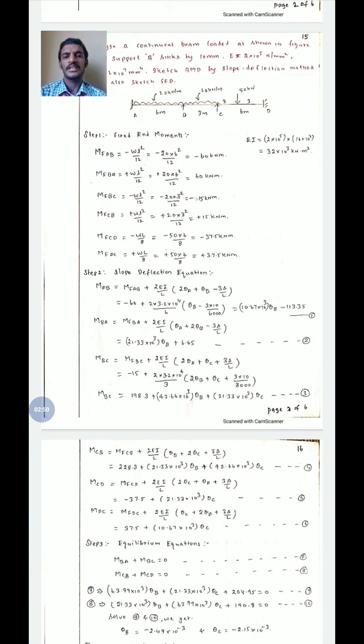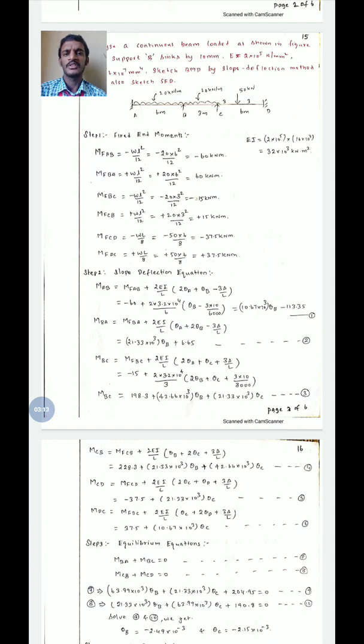Formula will be minus WL square by 12 and plus WL square by 12 for respective ends. For CD condition, point load 50 kN is acting at the middle of the span. For that, formula will be minus WL by 8 for left end and plus WL by 8 for right end.